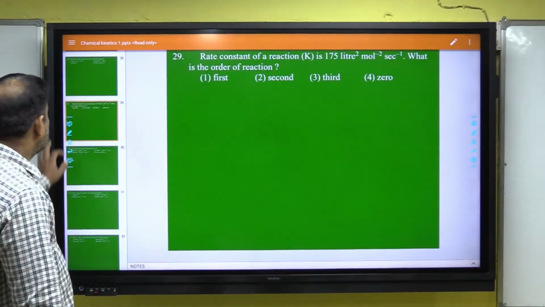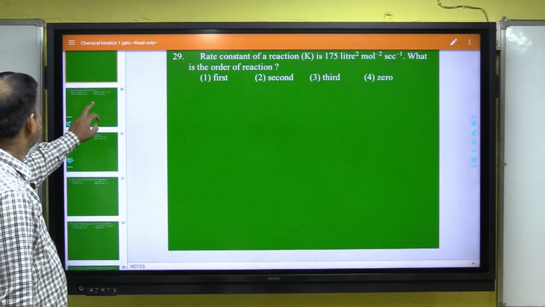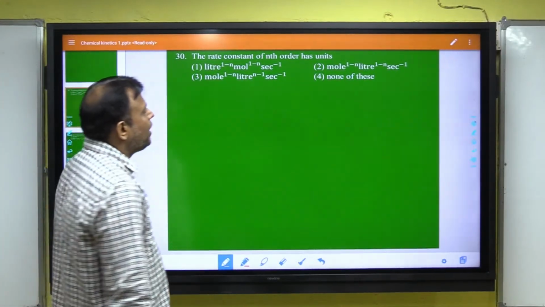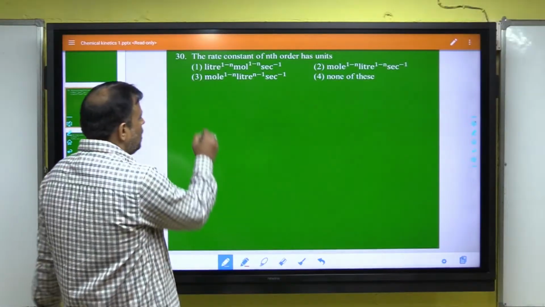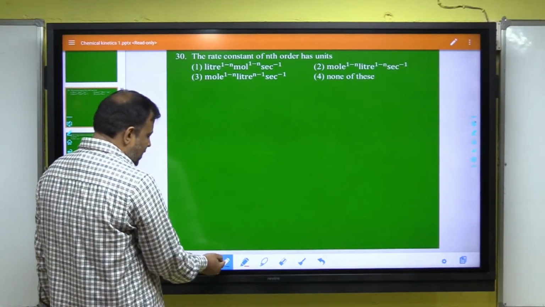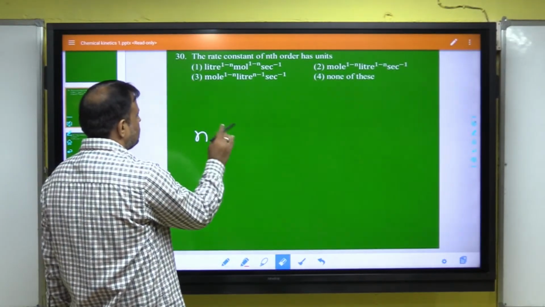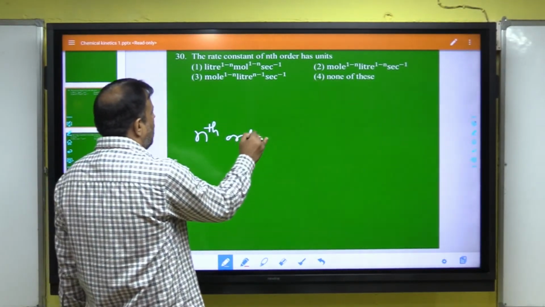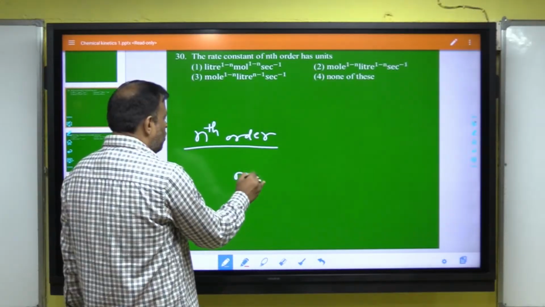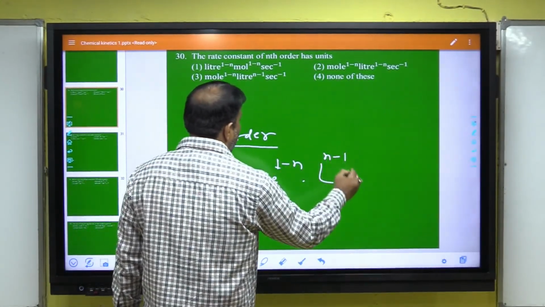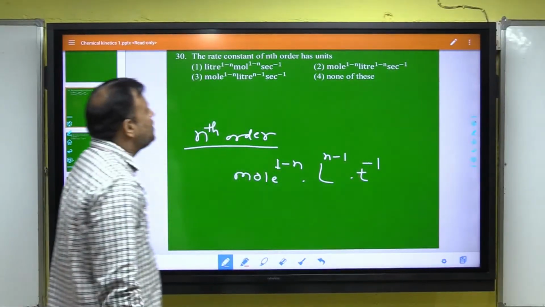Next, question number 30. Rate constant for nth order. Main baar baar likh raha hoon, K for nth order. Always keep in mind mole to the power 1 minus n, liter to the power n minus 1, and time inverse.